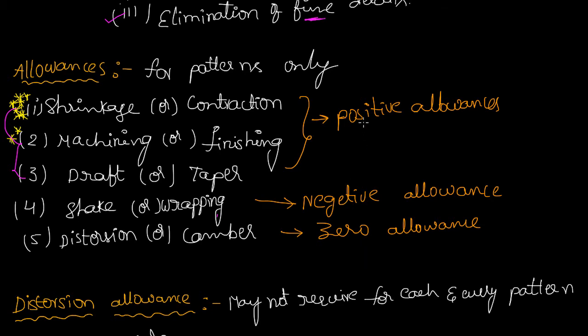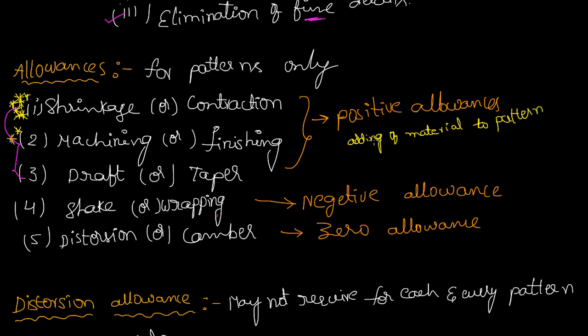So what is the difference between positive, negative and zero? I will make it very clear, because in the GATE exam many times questions are asked from allowances. That's why we have to make sure we learn each and everything, right? Positive allowance means adding material to the pattern.